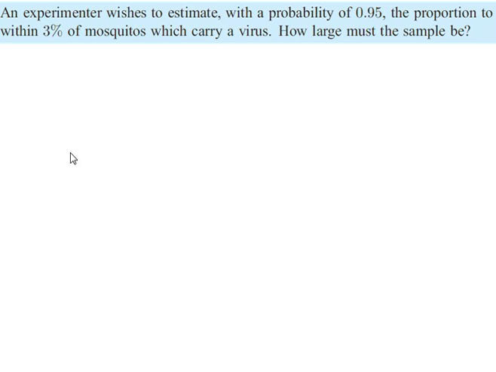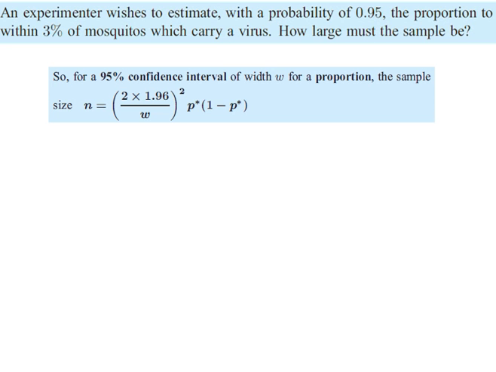So next example, an experimenter wishes to estimate with a probability of 95% the proportion of mosquitoes which carry a virus, to within 3%. So once again, how large must the sample be? We're working at the 95% level. So here's our formula once again.